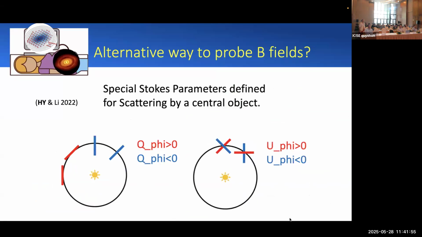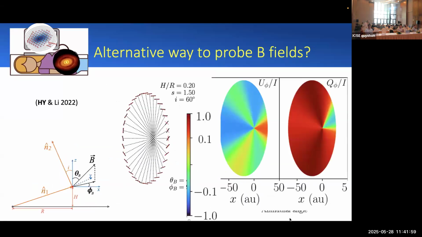We also studied the Q_phi and the U_phi. These are the observables in this kind of studies and observations. We show that the U_phi can be as large as 15% polarization. And in the paper we also present a less extreme case with a 45-degree inclination angle, where you don't have polarization reversal, but the U_phi is about 5%.